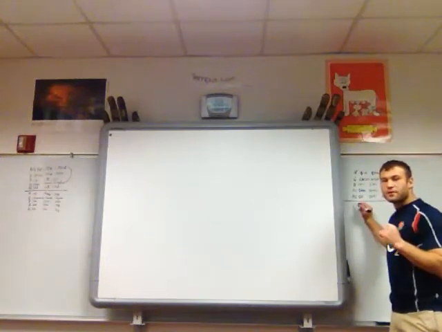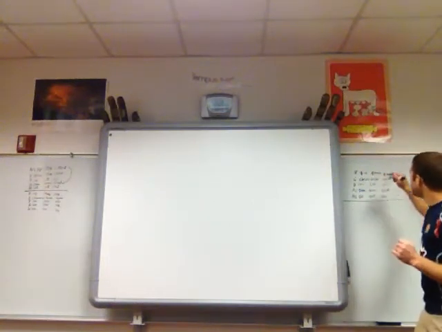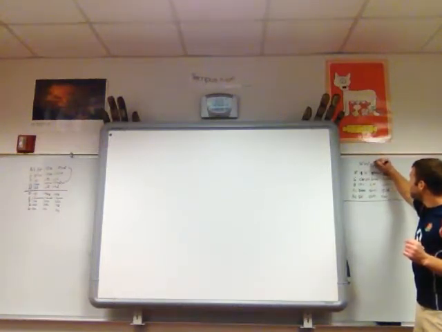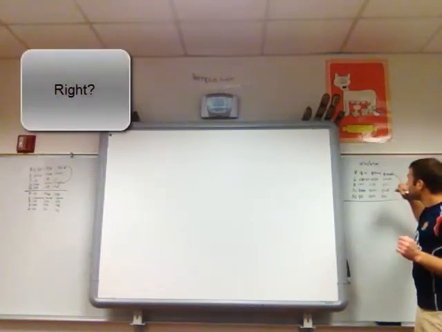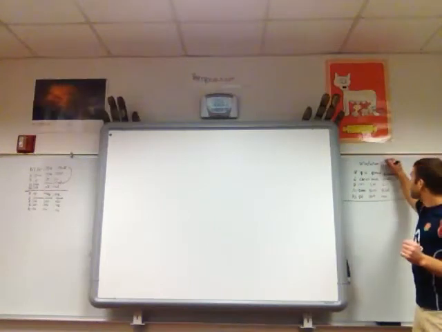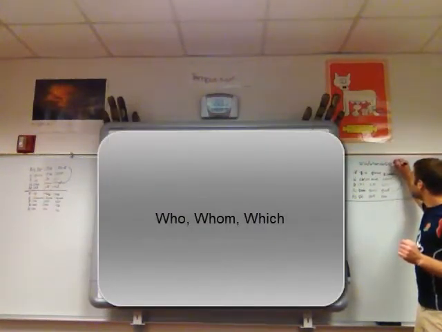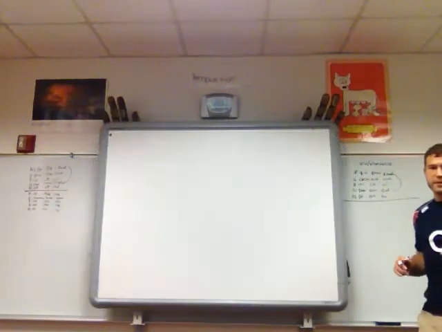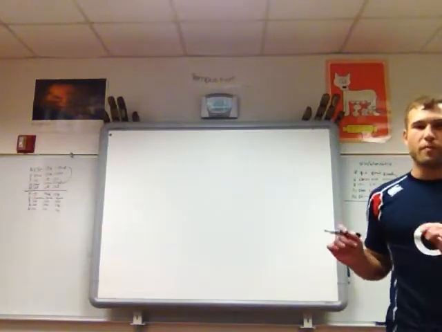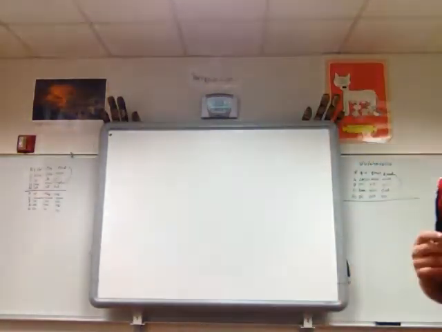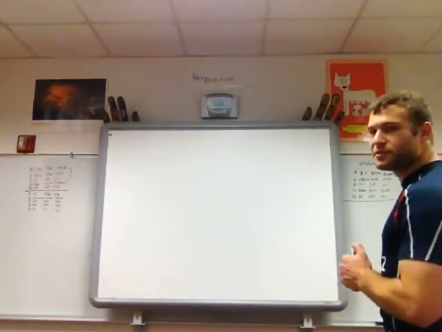Let's talk about what these are translated as. All of them are translated as some version of who, whom, or which. Now, what's the difference between who and whom in English?